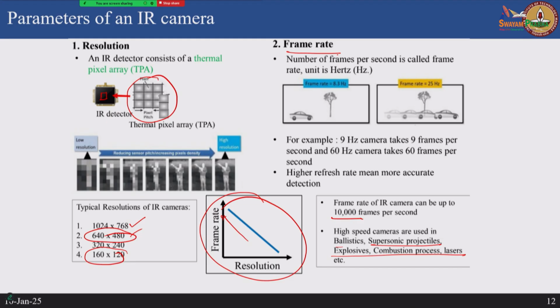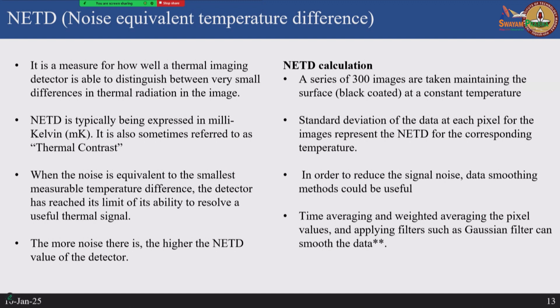So if you are operating at a low frame rate and high resolution, it can take that much amount of data spatially, but at a low frame rate, and send it to the computer. But if you are doing this at a very high frame rate, then the resolution has to be less, otherwise the data that it handles or processes will not be sufficiently good. Okay. So basically these are the two parameters that generally you will be using when deciding on a particular IR camera, which are resolution and frame rate.